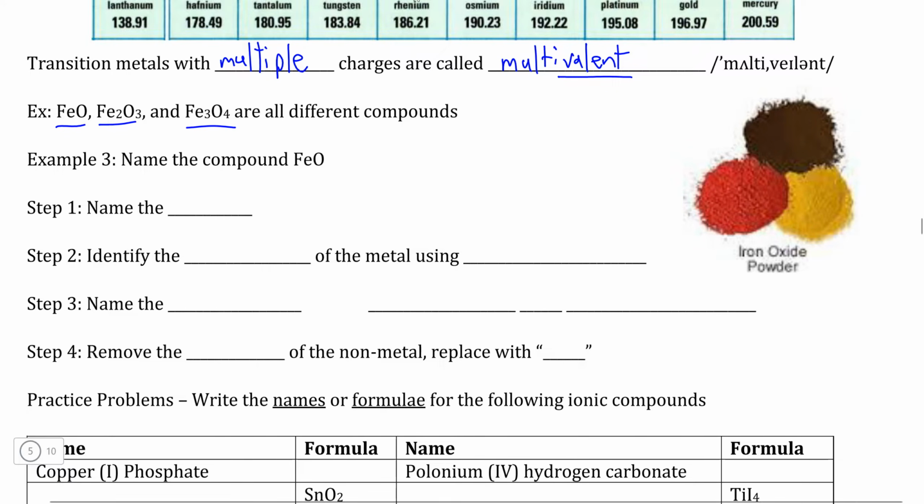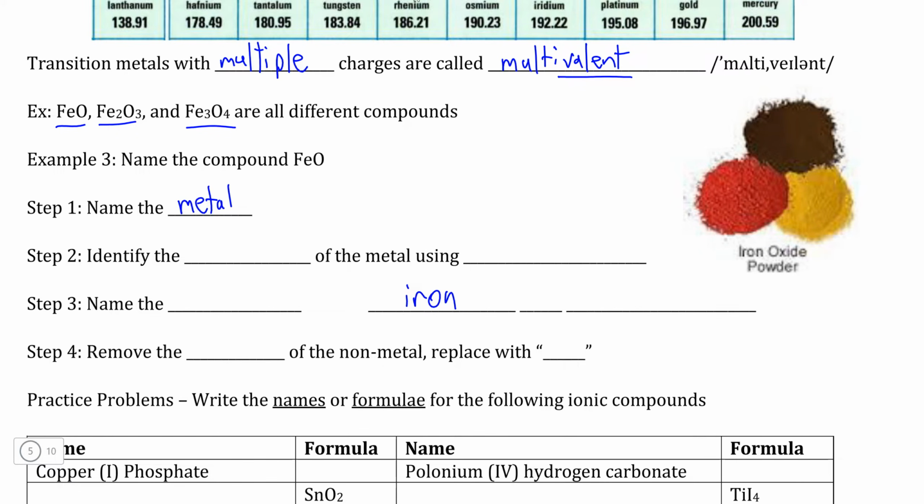This is why it's very important for us to be able to distinguish what the charge of the transition metal is. The good news when it comes to naming transition metal containing ionic compounds is that there's only one additional step. So the first thing that we can do is name what the metal in the compound is, and in all of these examples here, we're dealing with the transition metal iron.